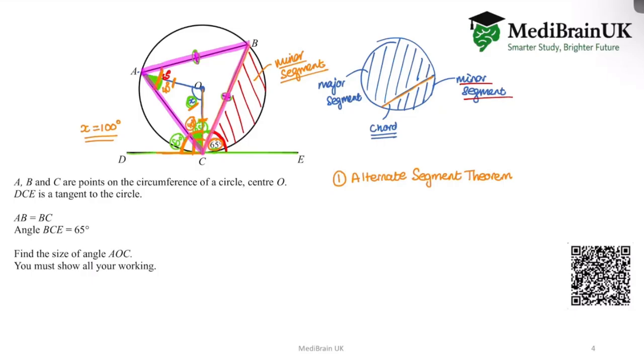Okay, then once we figured that out, we then saw that angle BCA is also 65 degrees. And the reason why it's also 65 degrees is because we saw that it was an isosceles triangle, and opposite angles in an isosceles triangle are equal.